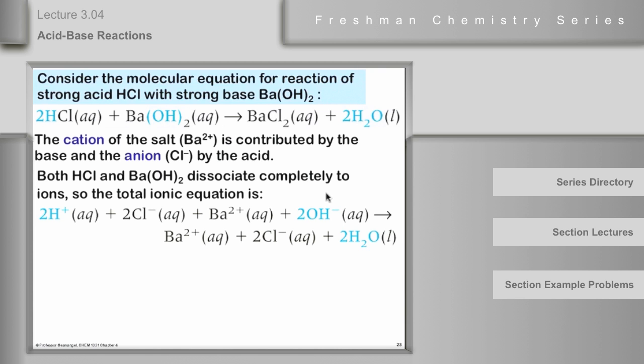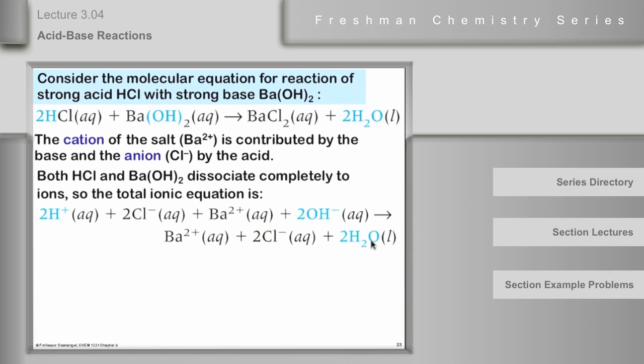What must be true if it's to be counted as an ionic reaction? Ions must be removed from solution, right? Are ions removed from solution? You bet. 2H plus and 2OH minus go to form water.